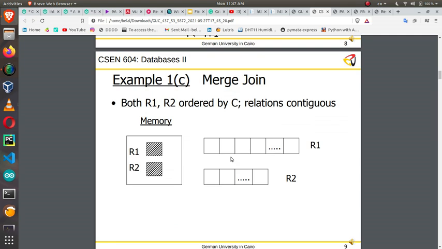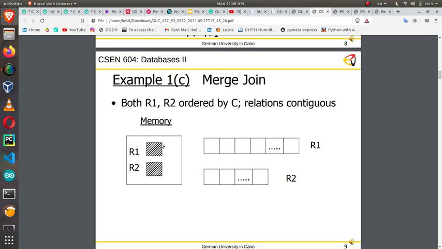So what is the cost, in terms of the number of input-output operations, to perform the merge join? If we have relations R1 and R2 and they are sorted and contiguous, each block will cost us a single input-output operation. The only cost is to load the blocks of R1 and R2, and remember they are sorted.